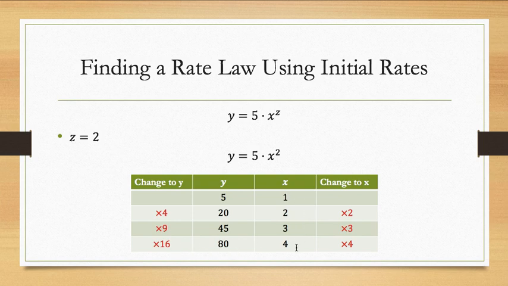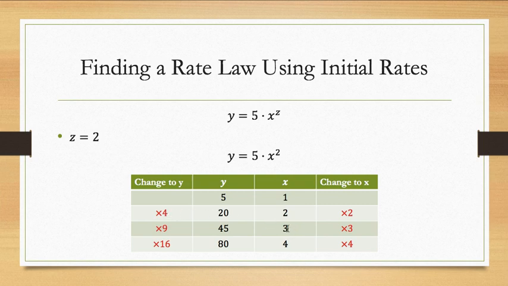You can see a pattern here now. If z is 2, if the exponent is 2, whatever change I make to x, I get that change squared in my value for y because x is squared. So if I do 2 times x, I get 2 squared, 4 times the change to y.